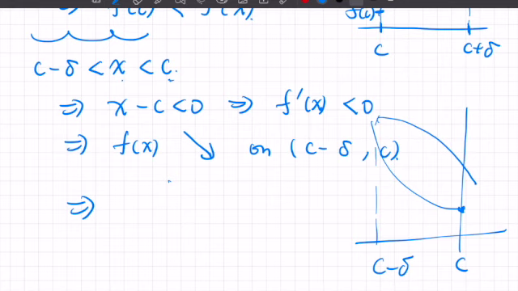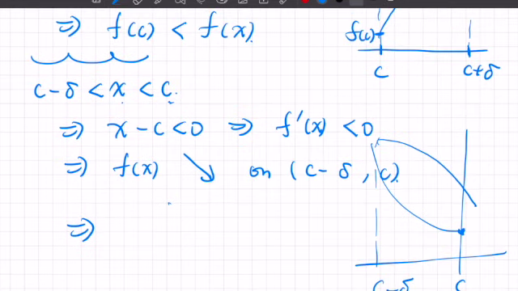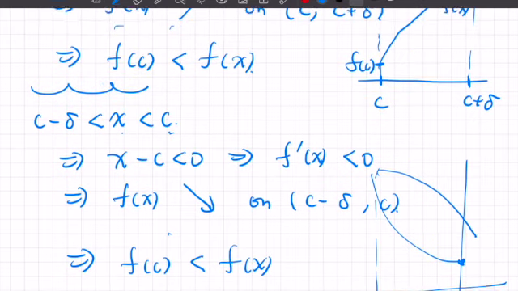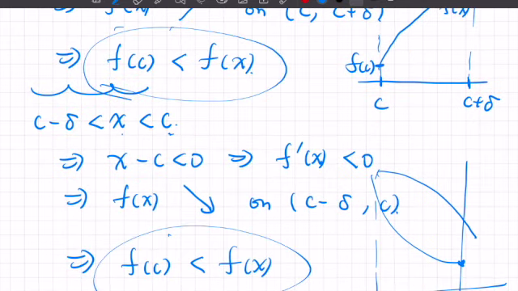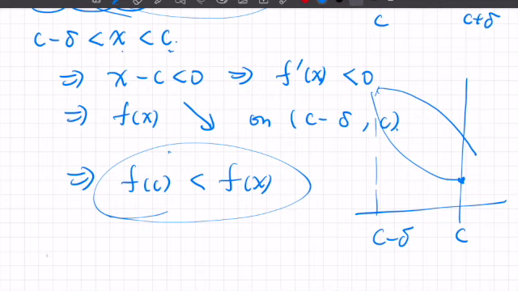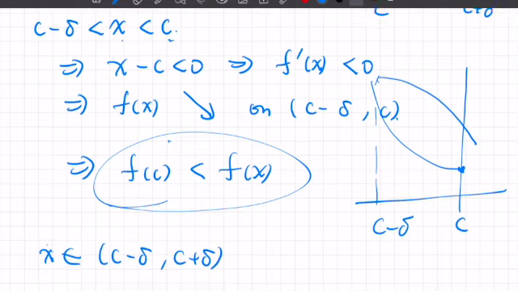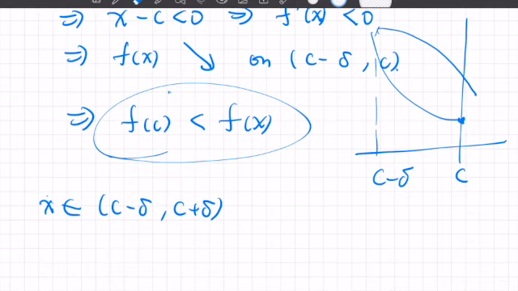But in any case, f of c is less than f of x because it's decreasing. So by this and this, for all x within c minus delta and c plus delta, we have f of x is greater than f of c.